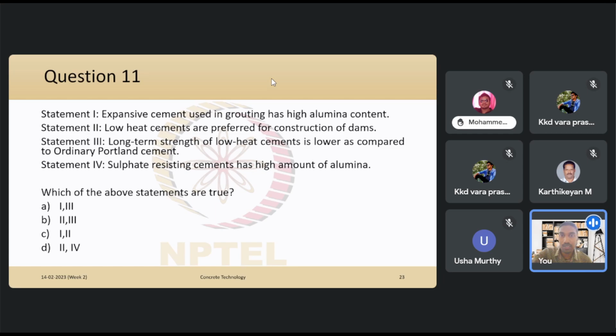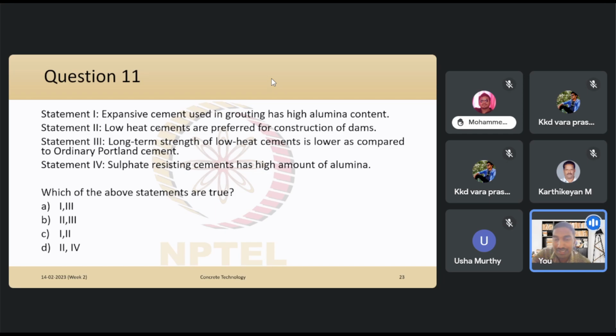So a higher heat will be generated, and if it is not dissipated, there is going to be a heat differential. It's going to be hotter inside the dam than outside. This heat differential can cause cracking in the dams, so we don't want that to happen. Therefore, we go for a low heat cement.